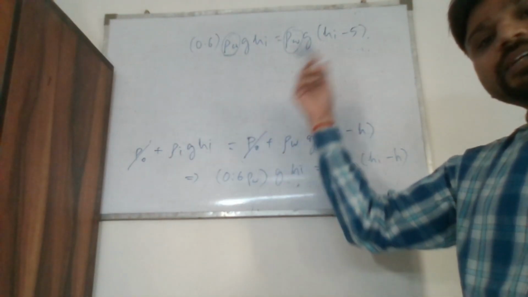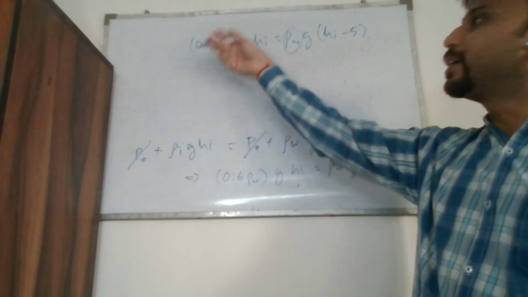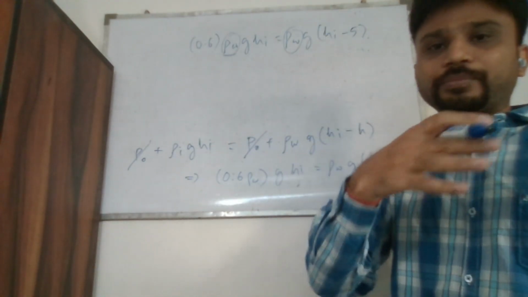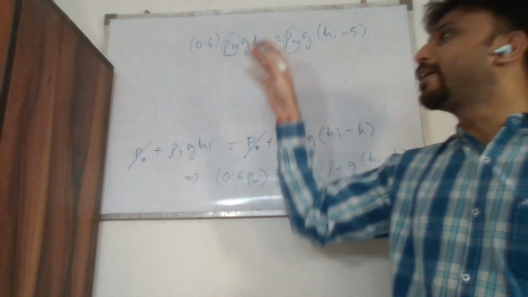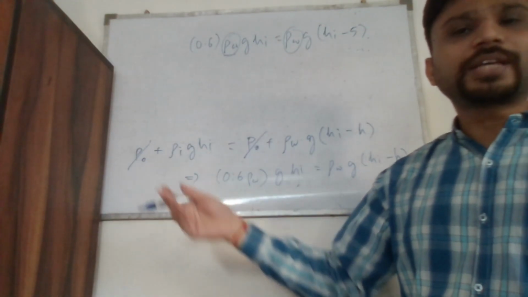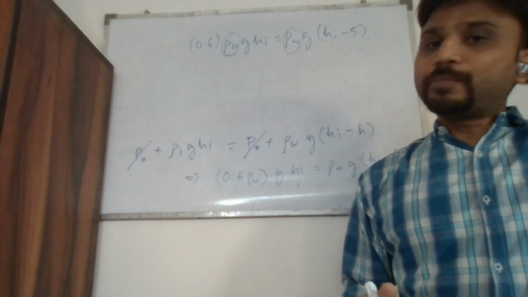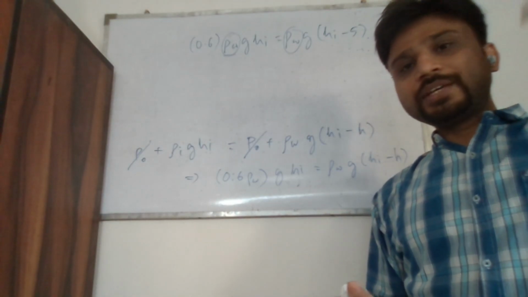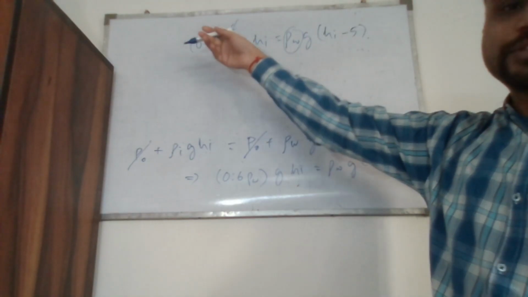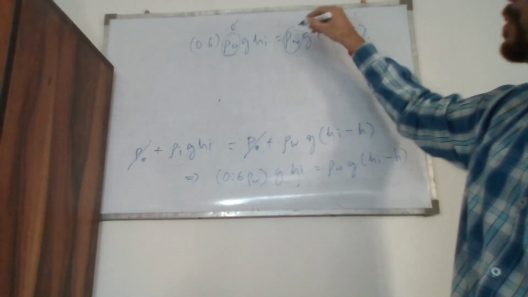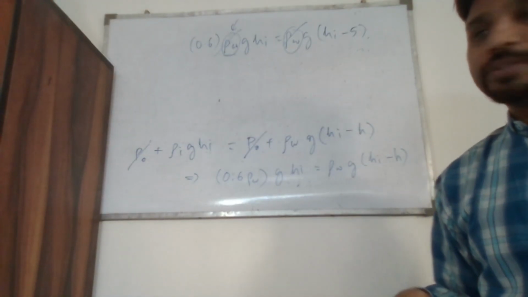That's why we express the density of the other fluid in terms of the density of water, because it gets cancelled out. If it were not cancelled out, I would have done more calculations. We basically try to express the density of the thing which we don't know in terms of the thing which we know, so it cancels out.